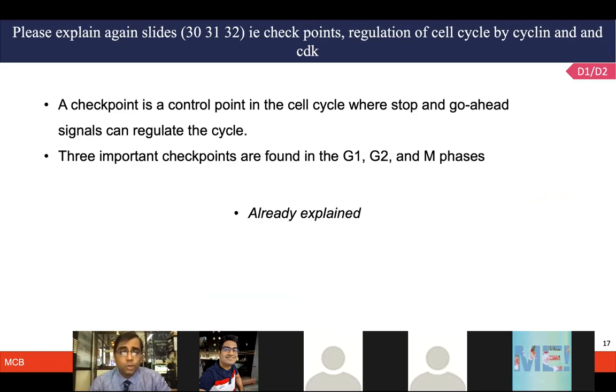And an important phenomenon like cloning has also benefited a lot from our learning of how to take these different phases of the cell cycle, how to arrest the cell cycle at the G0 phase, and then control the cell development in that way. So these are important concepts, but I hope I have already explained that in my beginning slides.